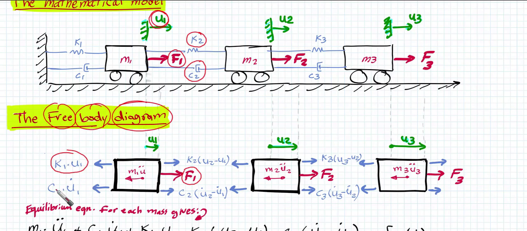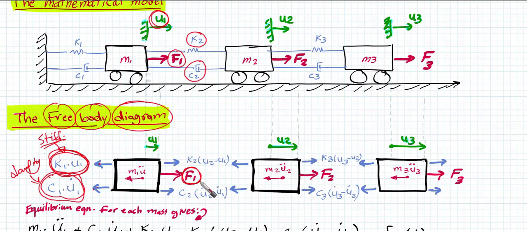And then we have C1 U1 dot, which is the damping force. This is elastic resistance, and this is damping resistance. And always their direction is opposite to the force that is being applied.